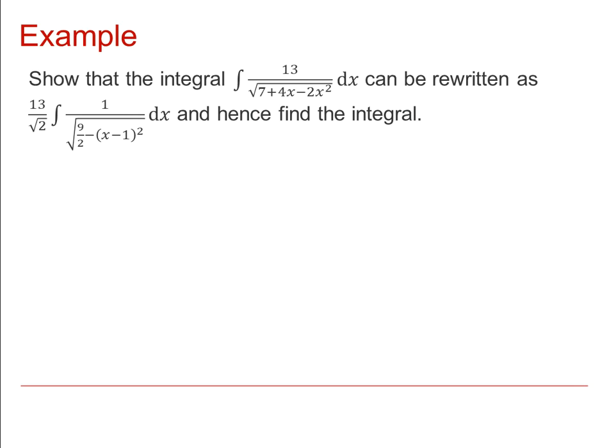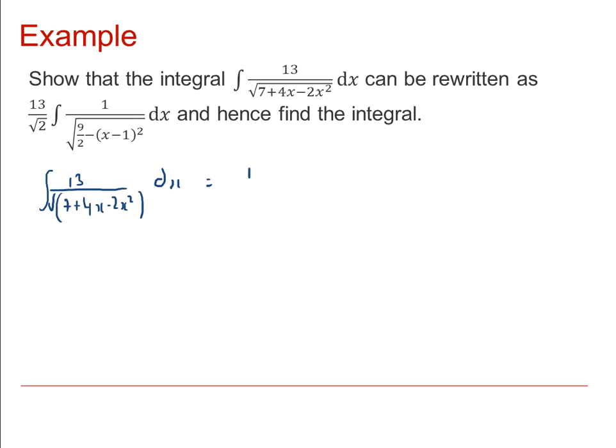The first step then is to take the integral that we've been given, 13 over the square root of 7 plus 4x minus 2x squared dx, and take out the factor 13 from the numerator and a factor of 2 out of the square root.